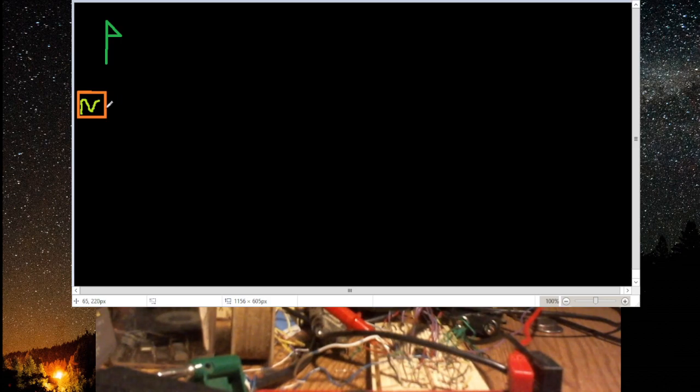So this is going to be a block diagram. This is a signal generator, this thing in the box here, and then we'll have another line coming out of here.